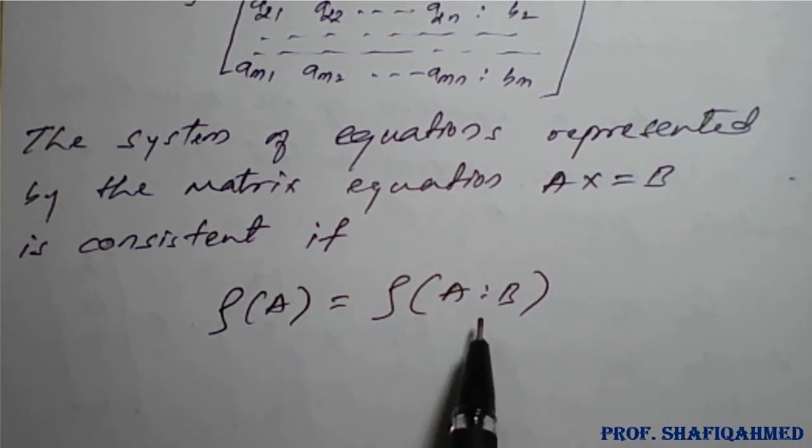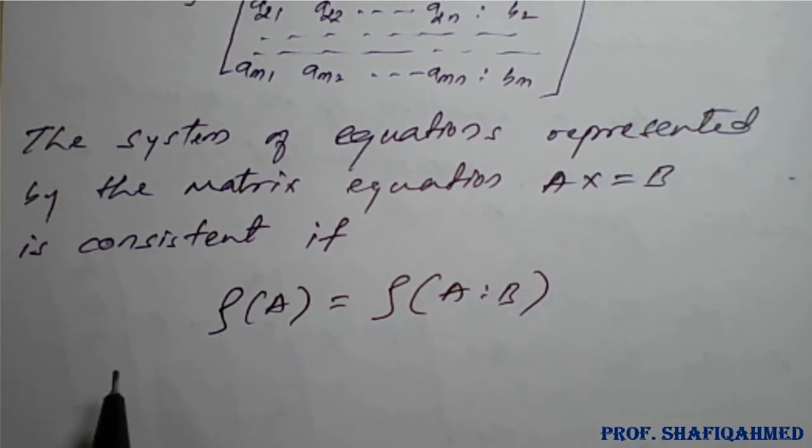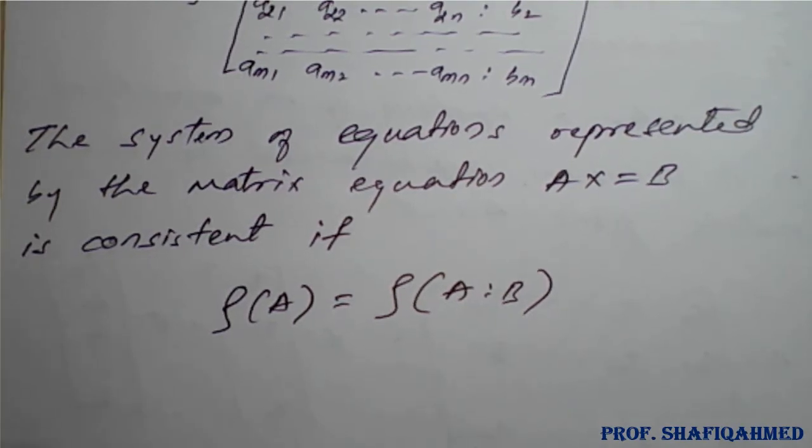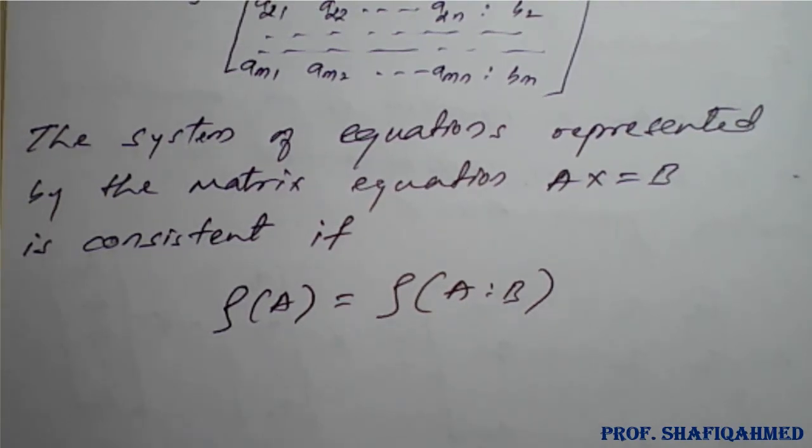If both the ranks, that is of matrix A and augmented matrix, we need to find the rank using the equivalence form. If the rank of matrix A is the same as the rank of augmented matrix AB, then we can say that the given system of equations is consistent.